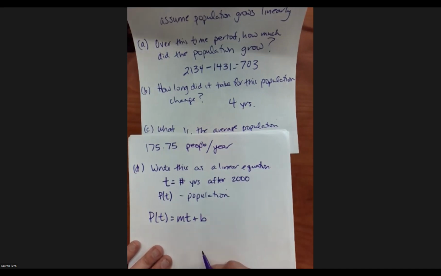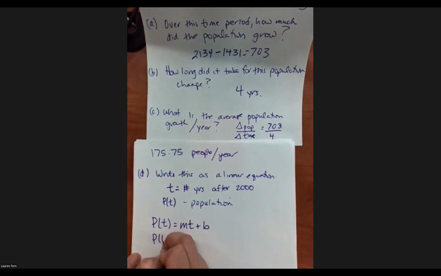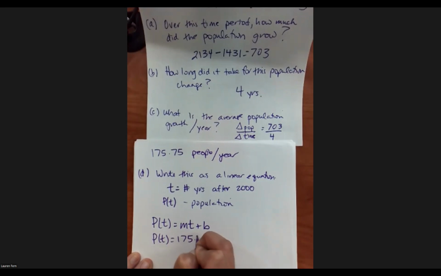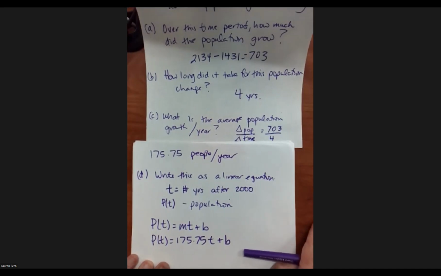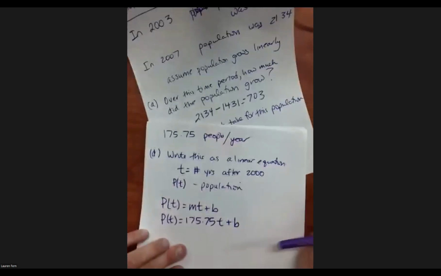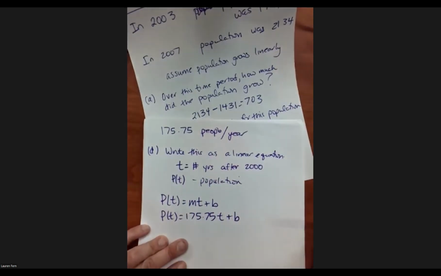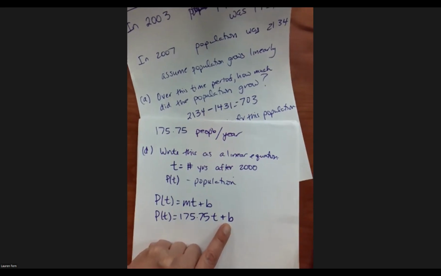Okay. What did we find already? We found M. We found our rate of change. Do we know B? Not yet. May I ask you a question? Given the fact that T represents the number of years after 2000, once we find the value of B, what are we finding?